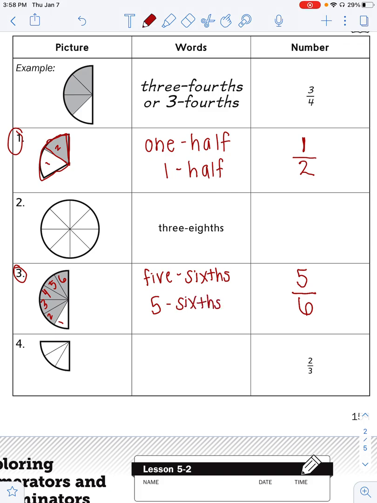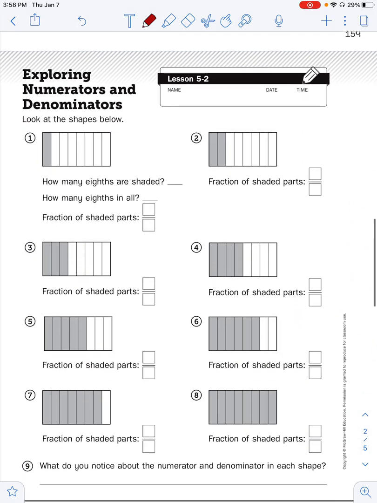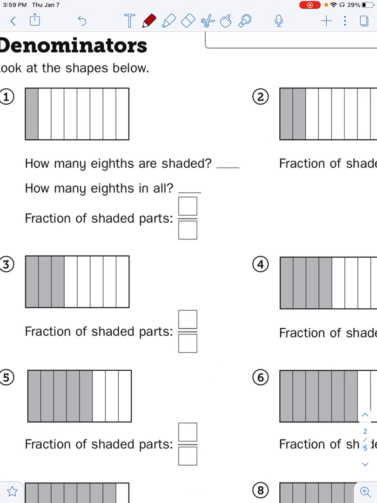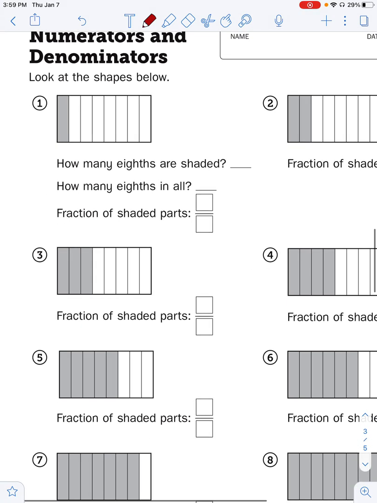Okay, so you guys are going to try this on this page here, and it kind of talks it out with you on this first one. So it says how many eighths are shaded. Well, you just say how many are shaded in there. We can all see that there's 1, so put that 1 there. And then how many are there in all?